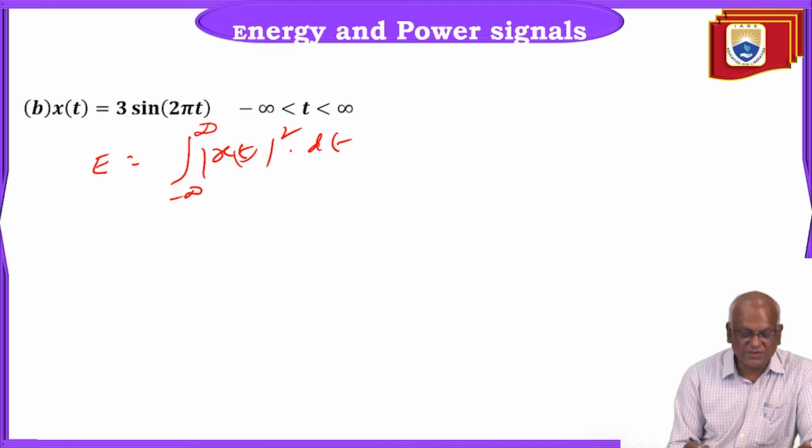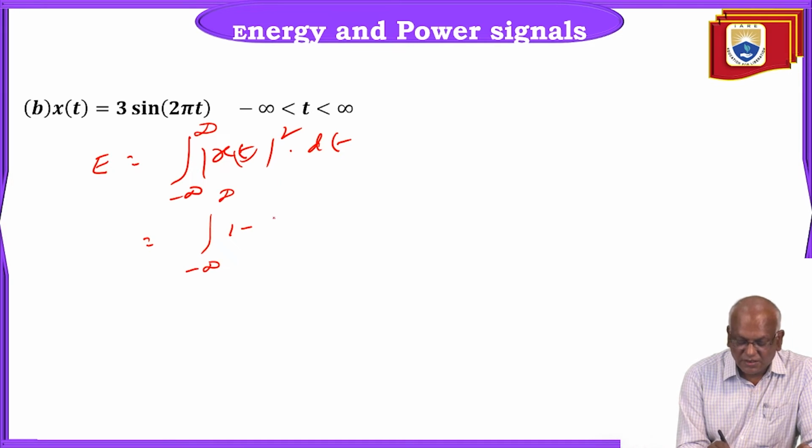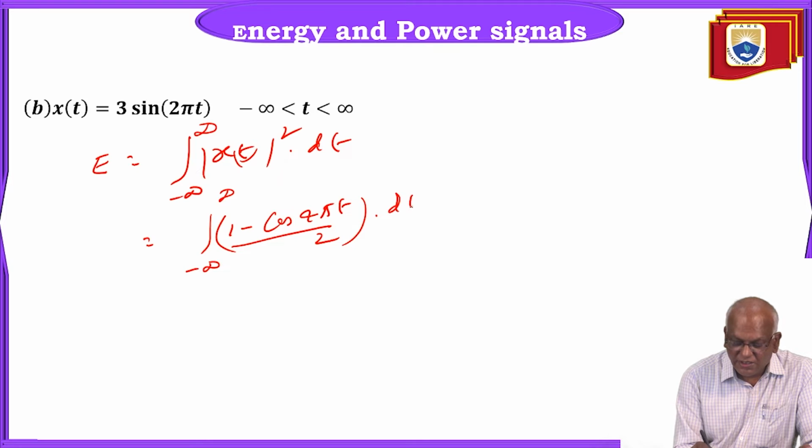This is for the energy of signals. For this case, we write it as the integral from minus infinity to plus infinity of 1 minus cos 4 pi t divided by t into dt.